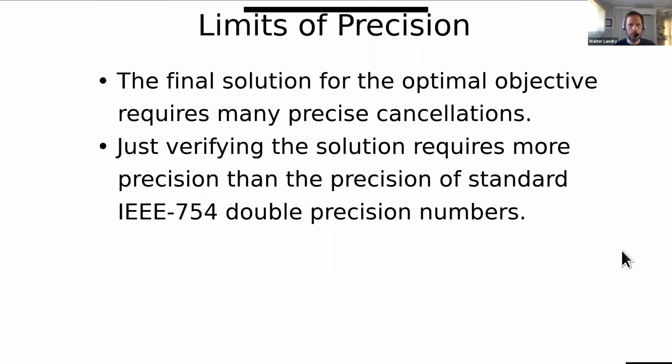This is partly due to the fact that when we evaluate the functional, we take derivatives with respect to z and z bar of the conformal blocks.